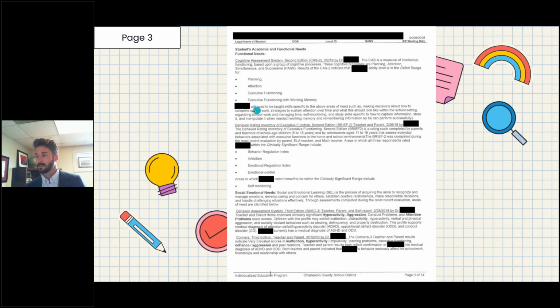Student will need to be taught skills specific to the above areas and needs, such as making decisions about how to complete schoolwork, and so on. When you see something like this, where the evaluator and whoever's drafting this IEP puts in something like this, the student will need to be taught specific skills related to these areas, you want to circle this and say, great, awesome.